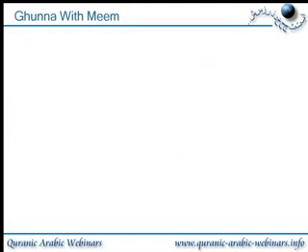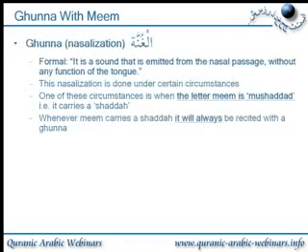Now we'll apply these terms to the Meem. The first one is the Ghunna with Meem. Again, a formal linguistic definition: it is a sound that is emitted from the nasal passage without any function of the tongue. This nasalization is done under certain circumstances, and one of these is when the letter Meem is mushaddad, i.e. it carries a shadda.